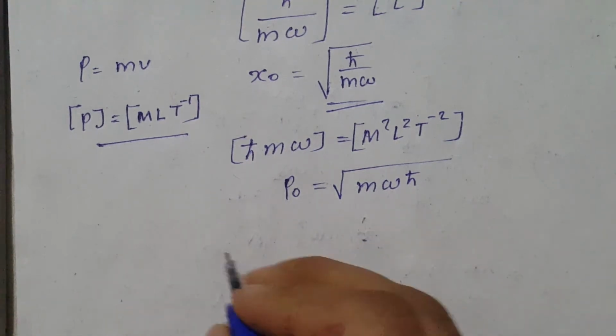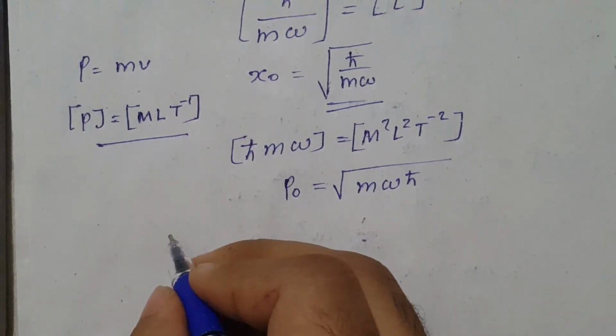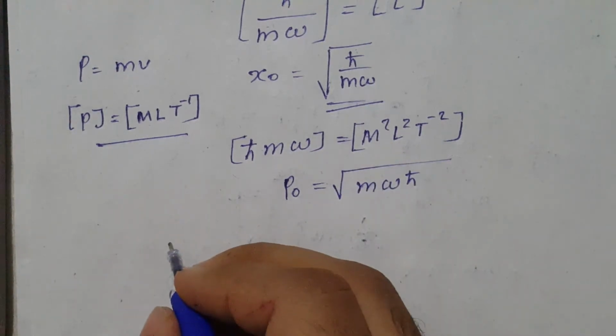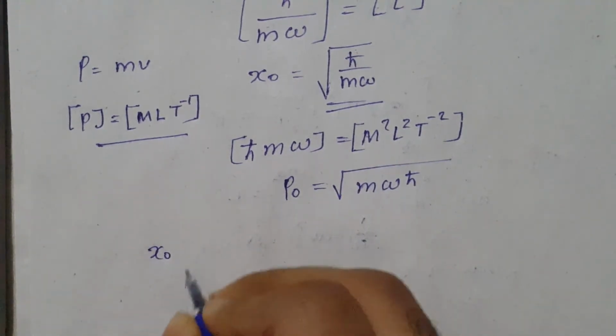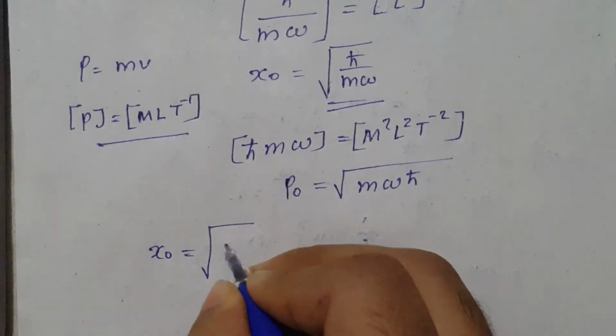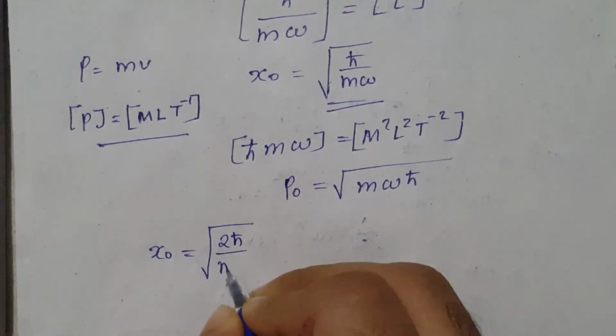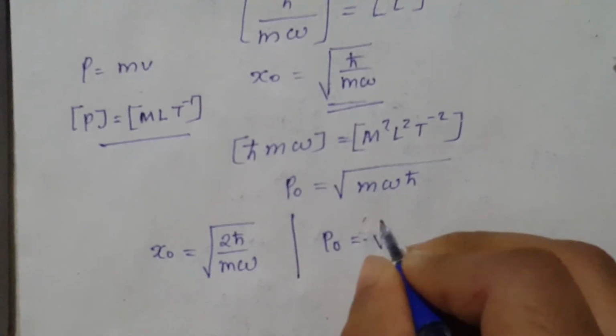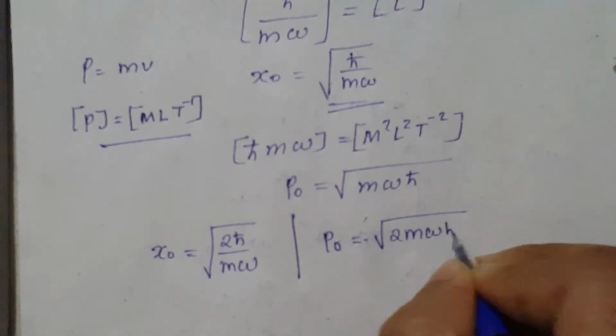Now for no reason, or for a reason which will be clear later, which you can see was useful later, let me add a constant here which won't change the dimension. That is, let me call x0 as root of 2 h cut by m omega, and p0 as root of 2 m omega h cut.